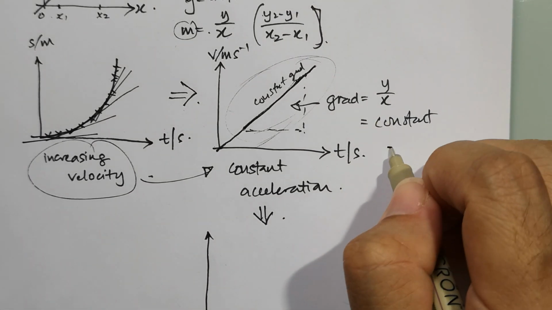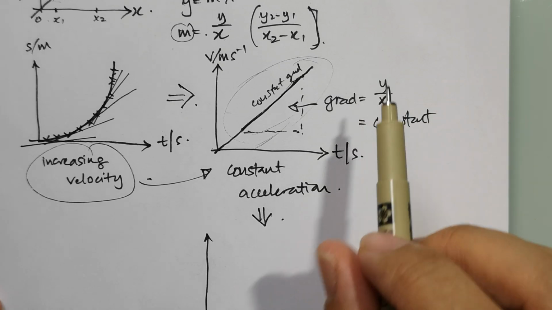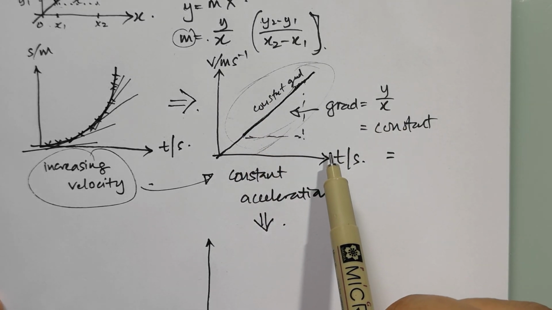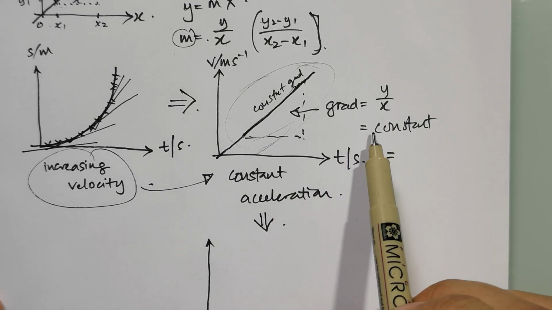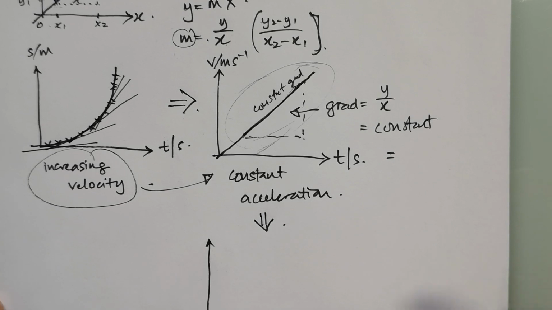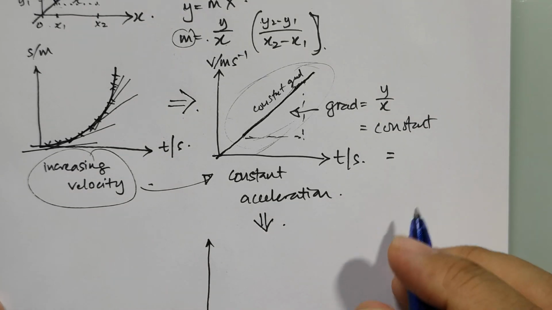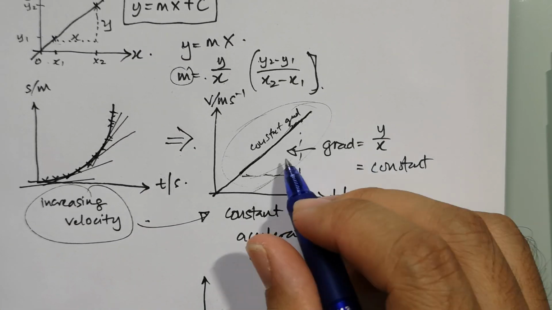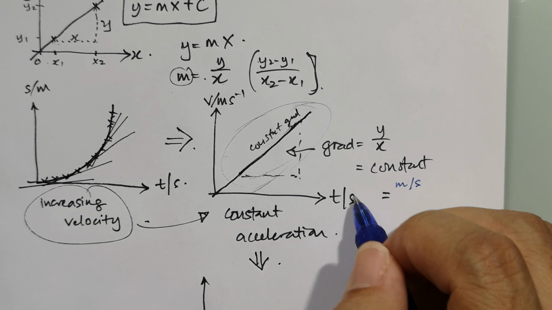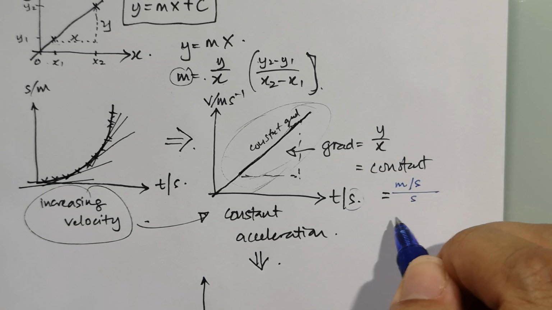All right. Okay. So the gradient of the velocity time graph is essentially y over x, and over here I use my blue pen because previously I used my blue pen for the units. So y units is actually meters per second, divided by the time, divided by second.